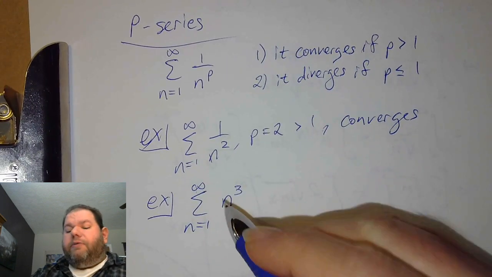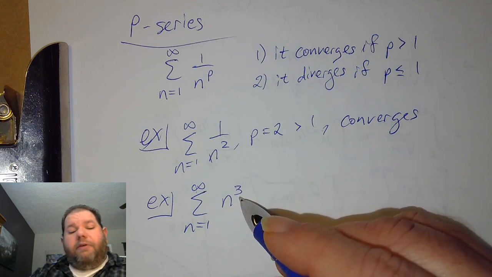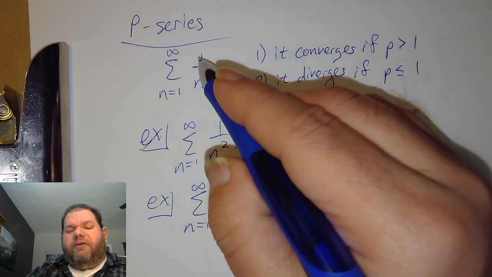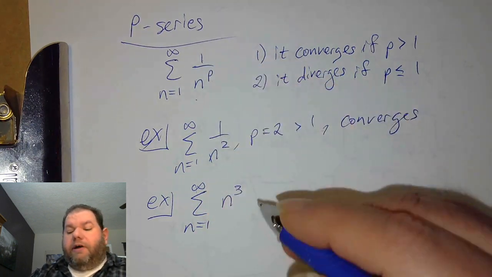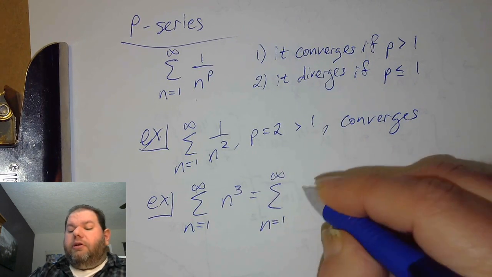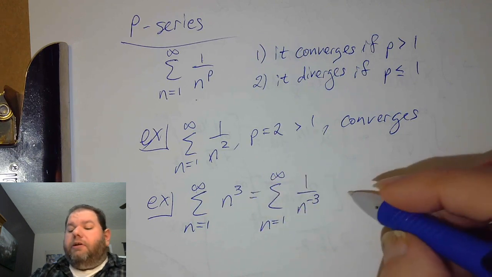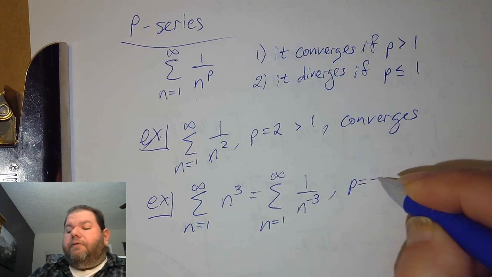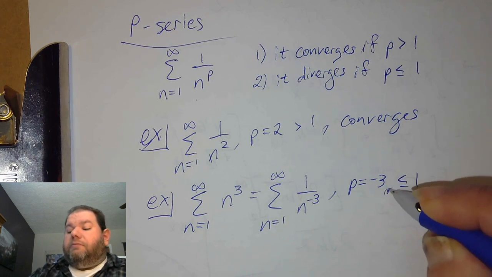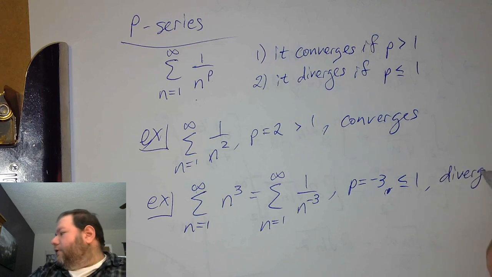So if we have the sum of n cubed, we look at that and we think, oh, p is 3, it must converge. But remember, it's written 1 over n to the p value. So if we write that as a fraction, that's 1 over n to the negative 3 if we move it to the bottom. So p is negative 3, which is less than or equal to 1. So it diverges in this case.